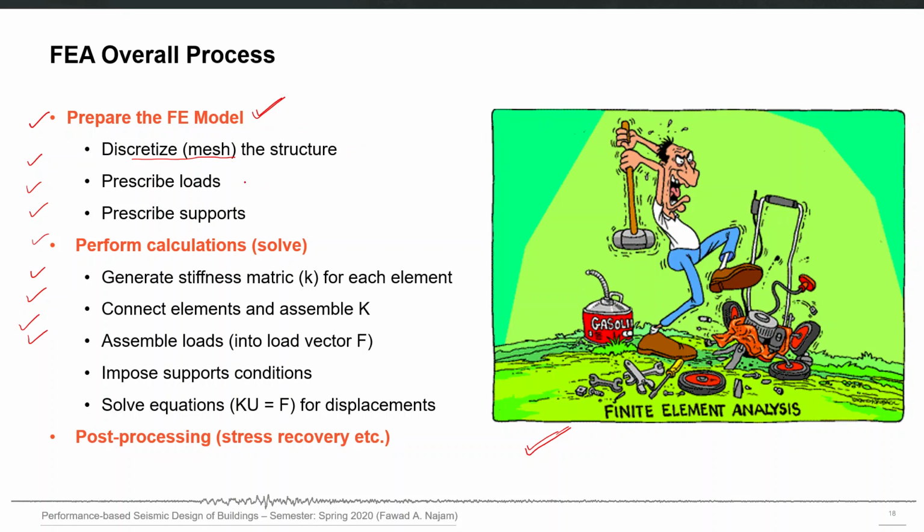You will be prescribing different loads which are applied to that structure, and you will also be prescribing or defining the supports or the boundary conditions on your structure. So modeling the actual structure geometry, prescribing load, and applying the support conditions or boundary conditions, all of these things basically are part of preparing the finite element model.